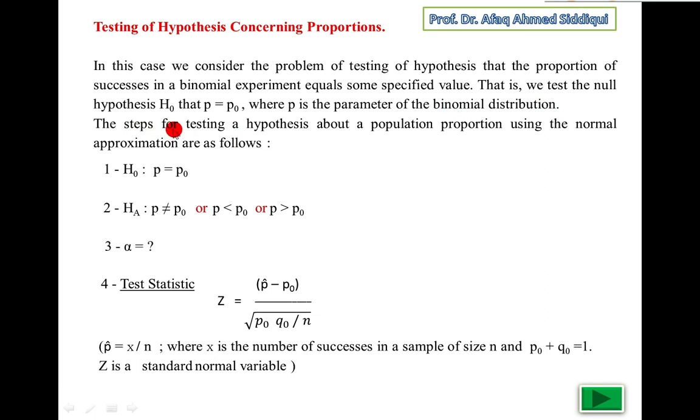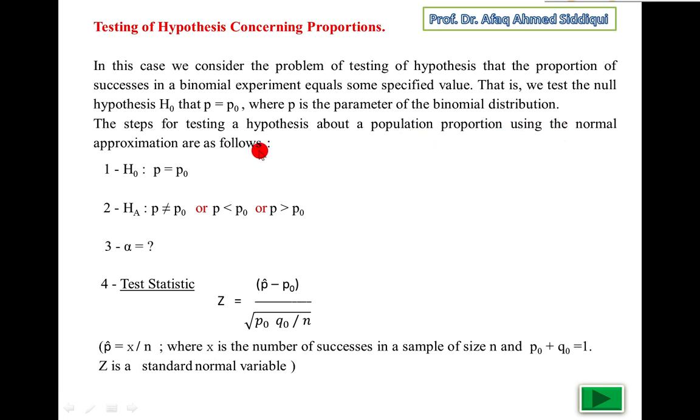So these are the steps for testing of hypothesis about a population proportion, same as the mean and variance, standard deviation, we test for the population parameter with the help of a sample statistic, using the normal approximation.